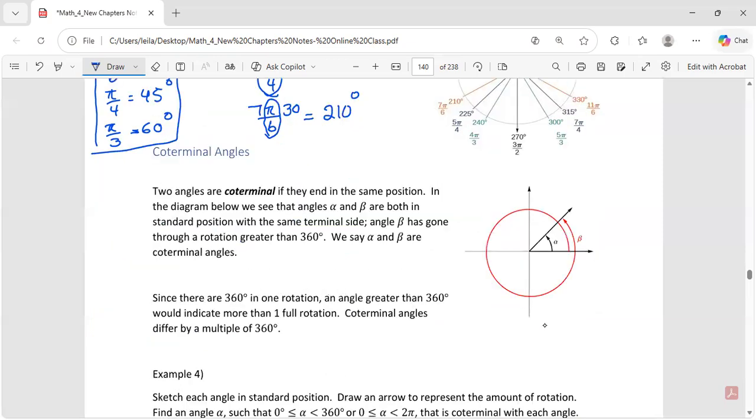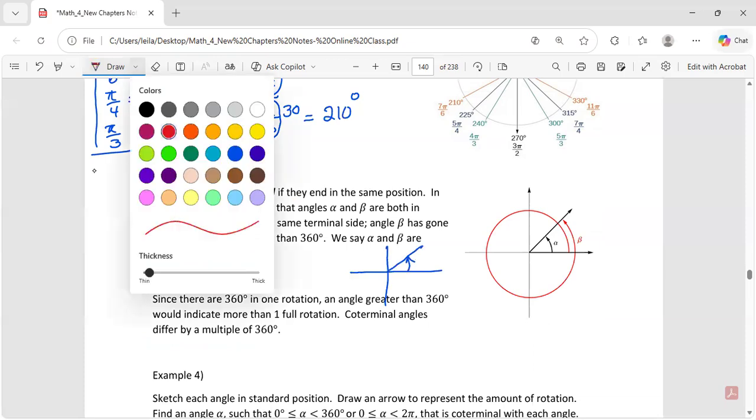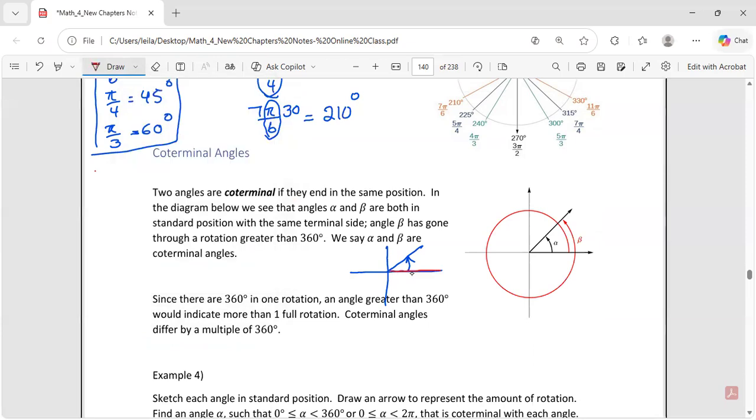Coterminal angles. Coterminal angles are angles that have the same initial and same terminal side. So imagine that you have this angle. This is the initial side. And this is the terminal side. If I can find another angle that starts with the same initial side and ends at the same terminal side, that angle would be a coterminal angle with this angle.